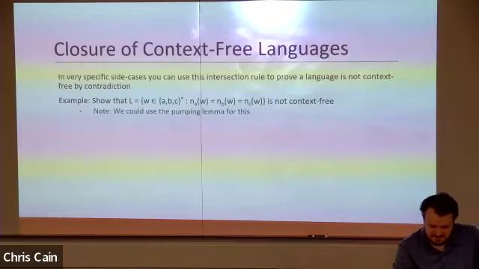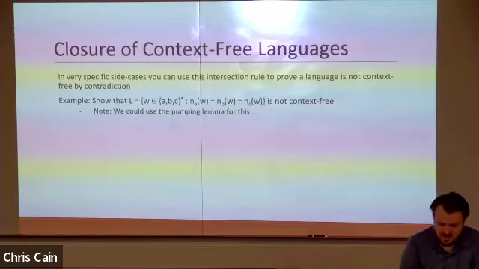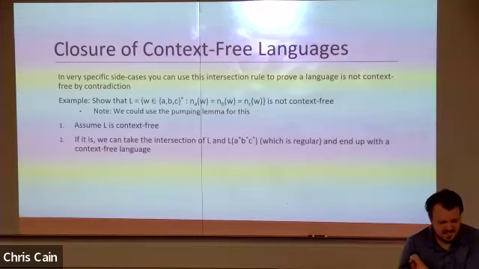But we could first assume L is context-free. If it is, we can take the intersection of it and the language A star, B star, C star, which is regular, and end up with a context-free language.